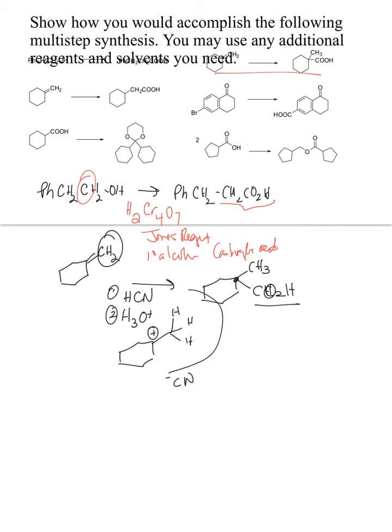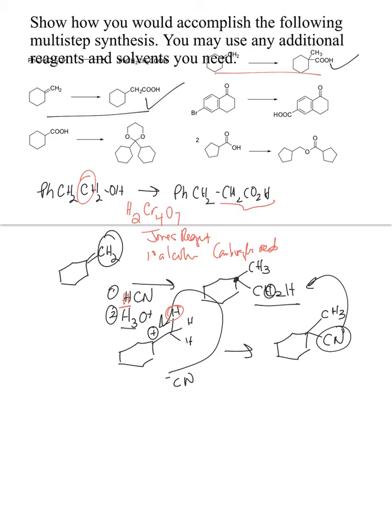Your nitrile would then add, because it's kind of acidic, so you protonate, and then your cyanide would come in, and you would get CH3CN, and then that would hydrolyze in acid and water to your carboxylic acid. And that's actually that problem. No, that's this problem. Okay, what about this problem here?